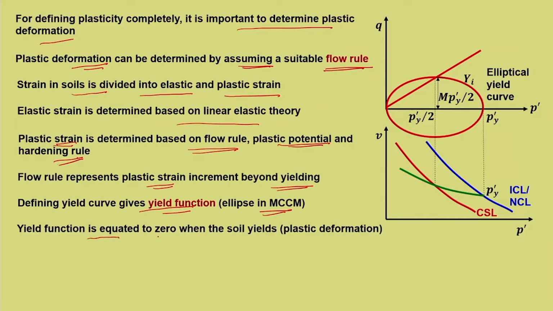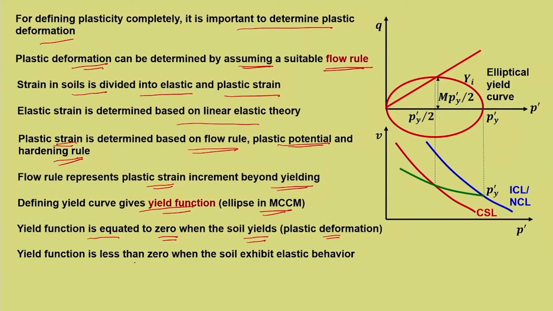Yield function is equated to 0 when soil yields and when the plastic deformation happens. Once it is made equal to 0, it has yielded and it is close to failure.